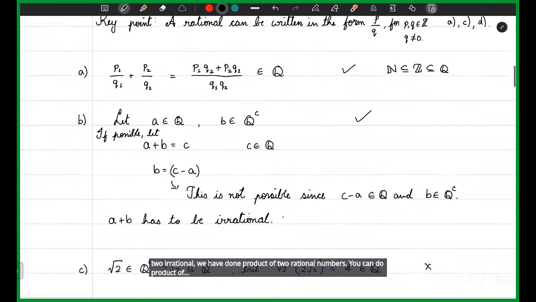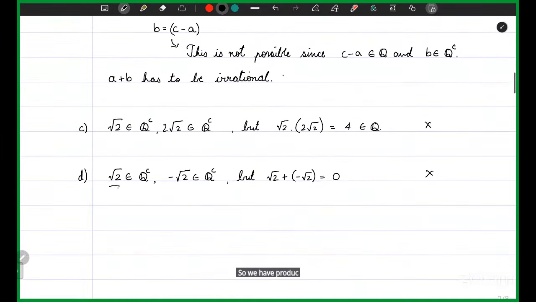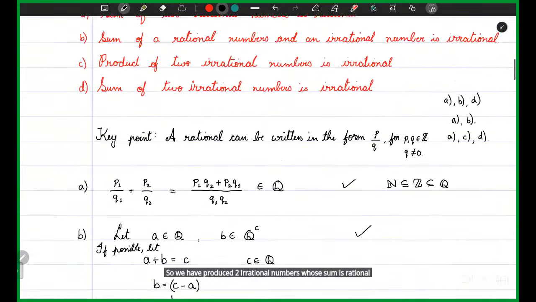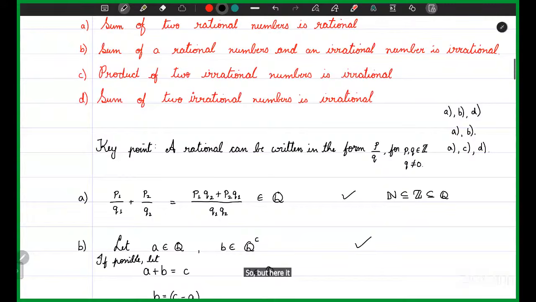So we have produced two irrational numbers whose sum is rational, right? But here it says the sum of two irrational numbers is always irrational. We have shown that that is not true. But even if this was rational, for instance, it would be false. You can take something like root 2 plus root 3.